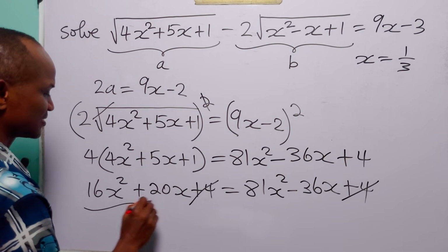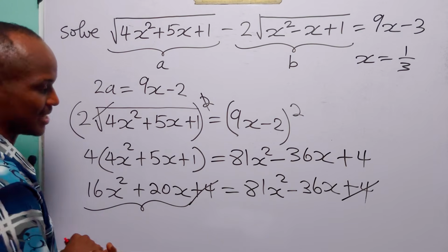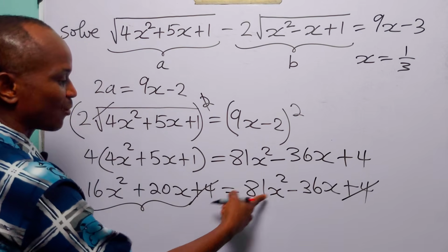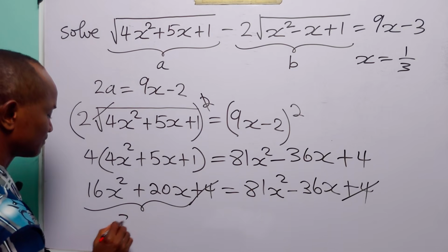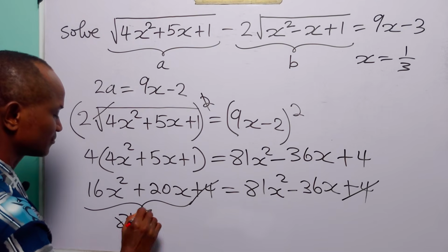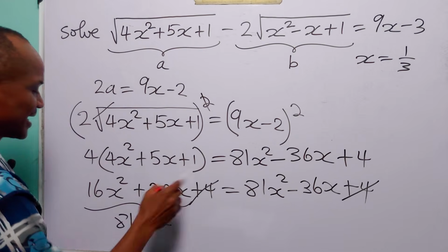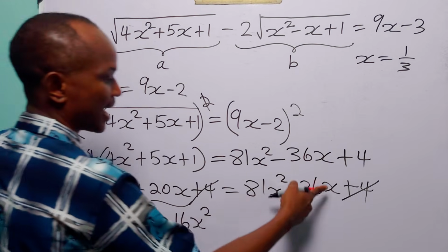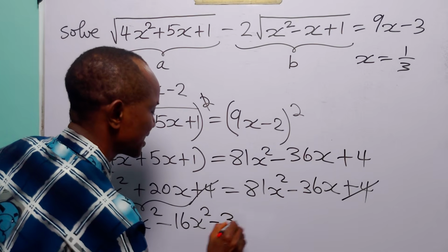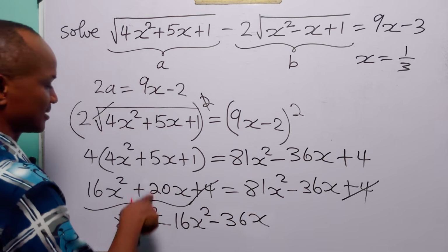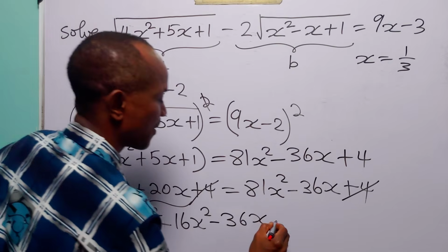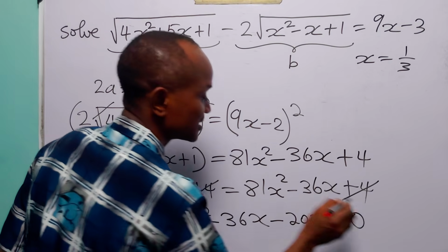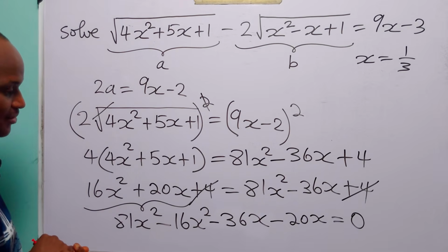Now, let us move these two terms over to the right-hand side. When we do that, on the right-hand side, we have 81x squared, then minus 16x squared. And we have minus 36x. And we have minus 20x. And of course, this is equal to 0.